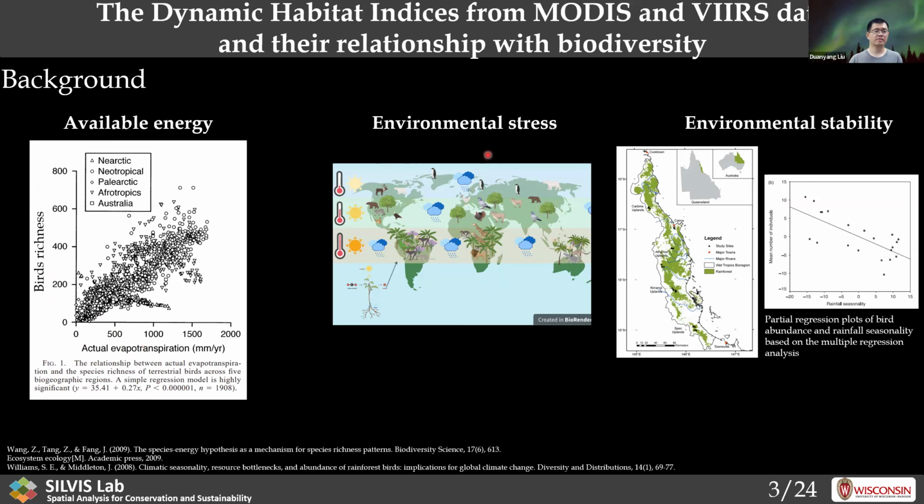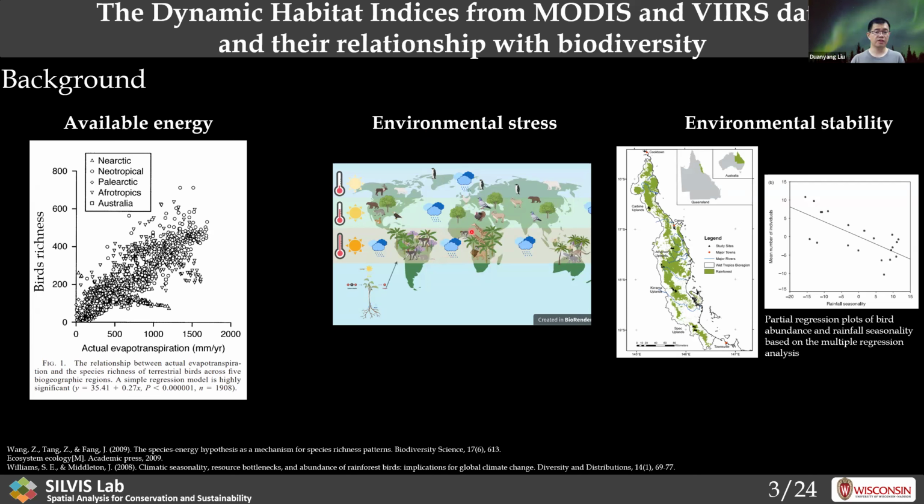And the second one is the environmental stress theory, which states that a place with high environmental stress would not be suitable for many species. And the environmental stress refers to limited food resources or extremely high or low temperature or humidity.